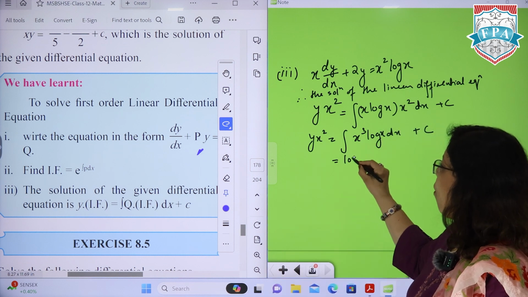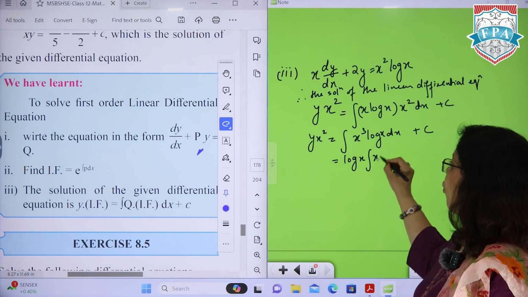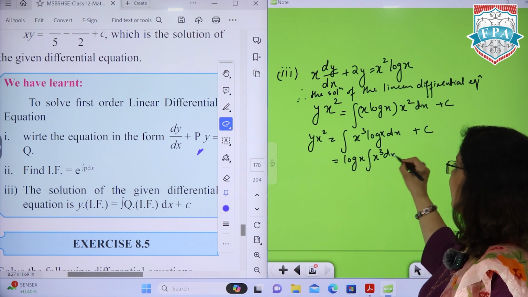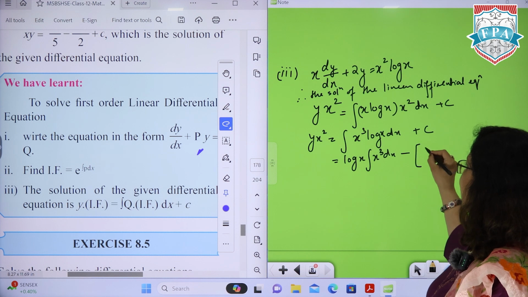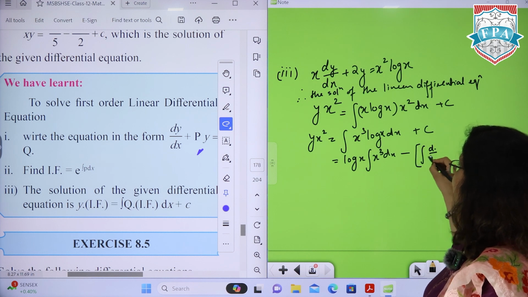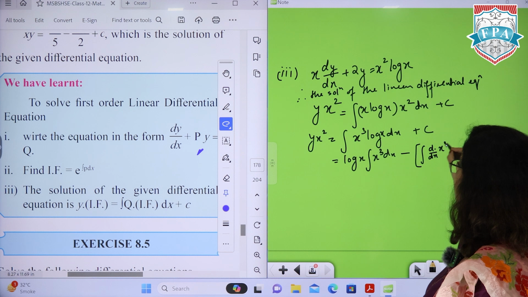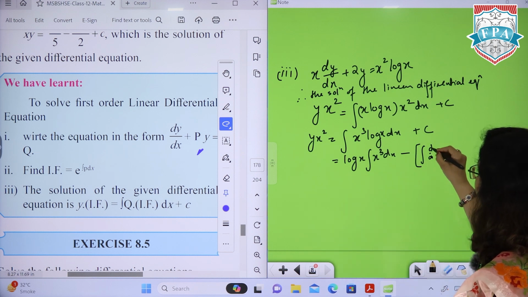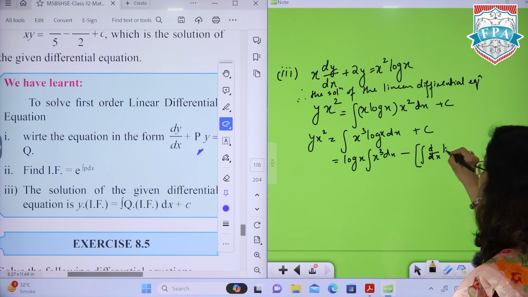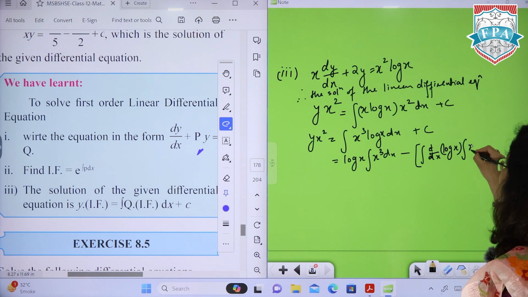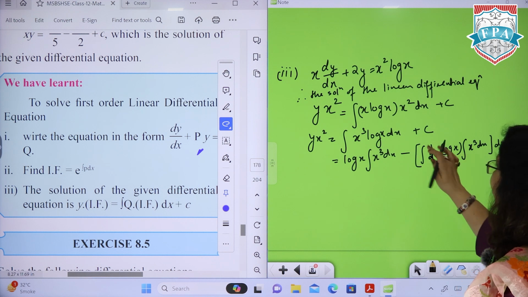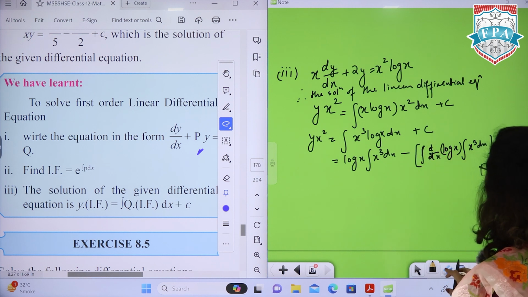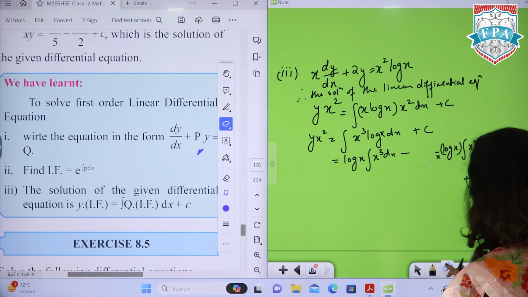So it is log x times integral of x cube dx, minus integral of d by dx of log x, the d by dx of u, times the integral of x cube dx, and a final dx. So this is how we will be writing this part.